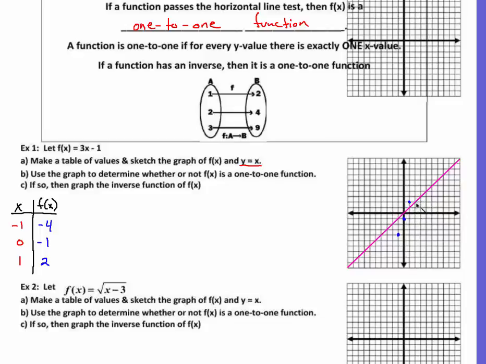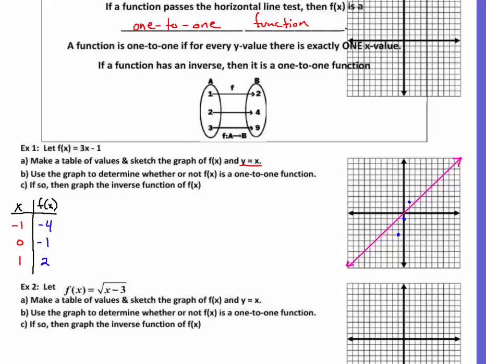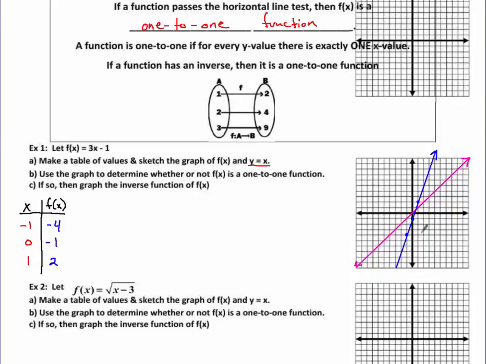All the points are 1, 1, 2, 2, 3, 3, 4, 4. So hopefully you're familiar with that one. And then to graph our f of x, that's the blue line, or the blue dots. Okay, so that's right there. And now, the reason that they had us graph the line y equals x, you'll see in a minute with regards to an inverse.